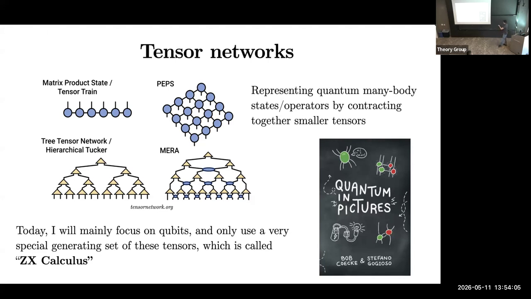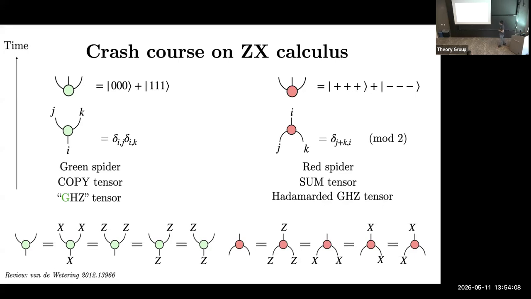But let me just set the stage for what tensors we want to use. The idea is very simple. I'm just going to have something called a green-looking tensor and a red-looking tensor. The green one here is just a GHZ state. So it's all 0 plus all 1, as for example, a 3-leg tensor. Suppose time is going up.